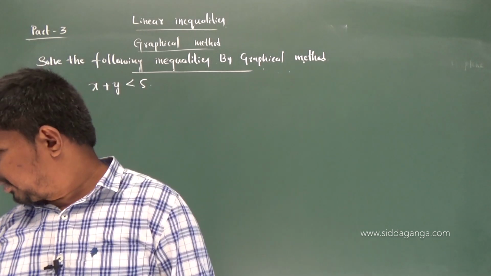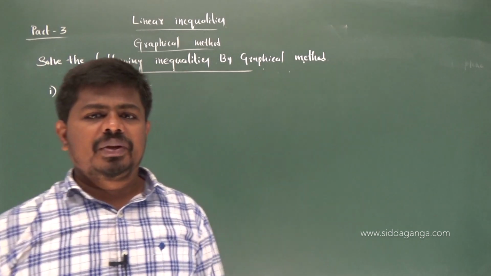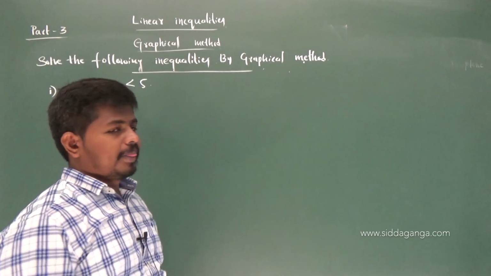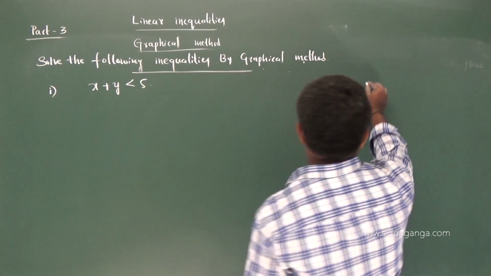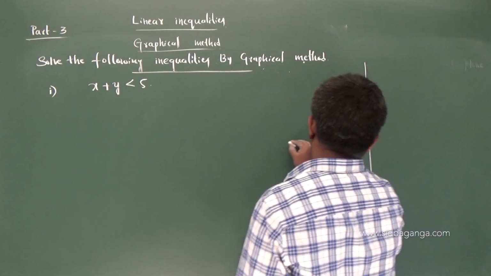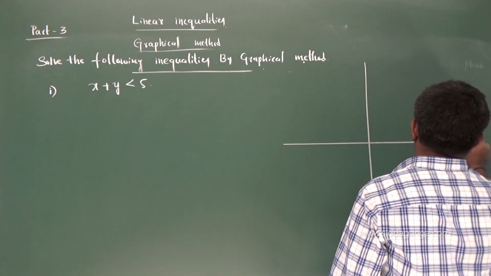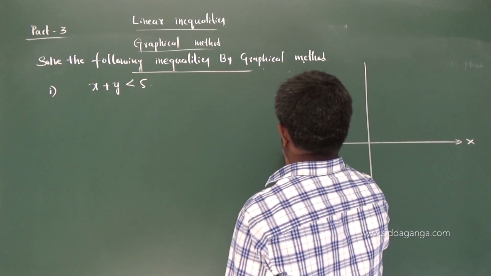So it's very simple, students. As I said before, whatever the given inequality, you have to consider the line first. Before that, let us draw the two axes, x and y axis.